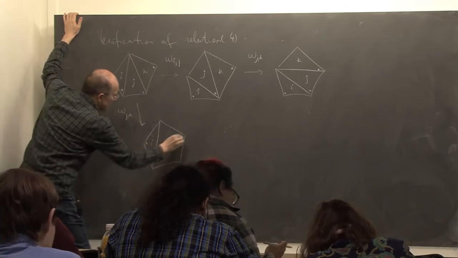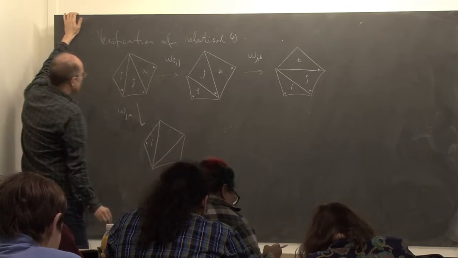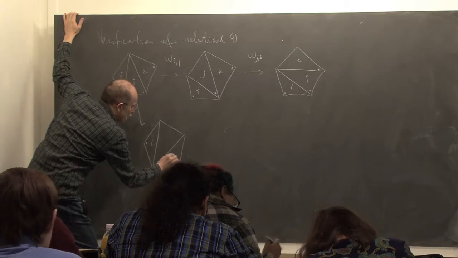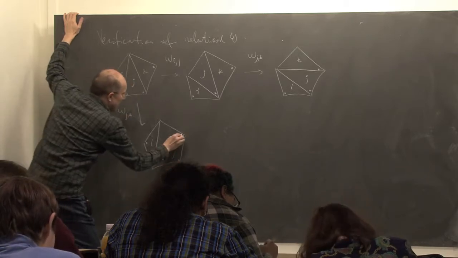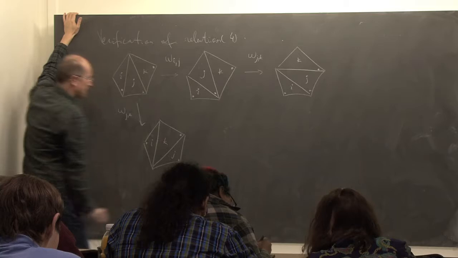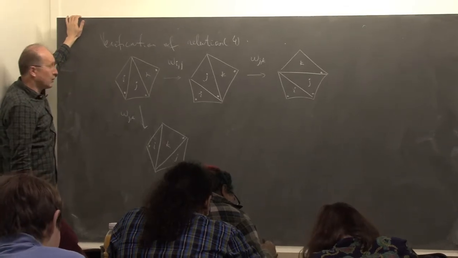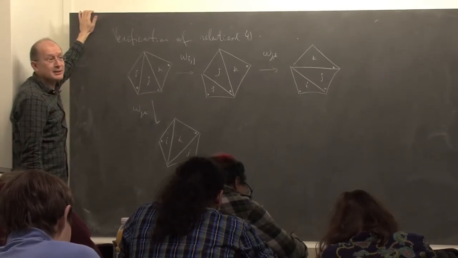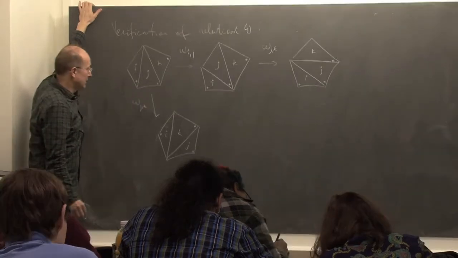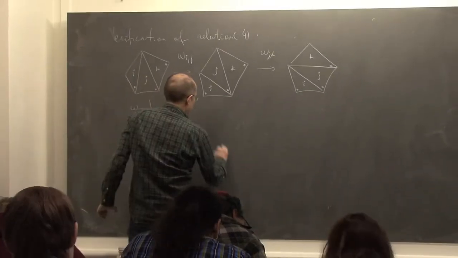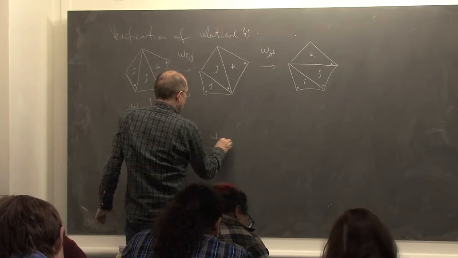So the result will be like this with J here and K here. Then we observe that omega ik makes sense in the obtained pentagon. So we put omega ik.